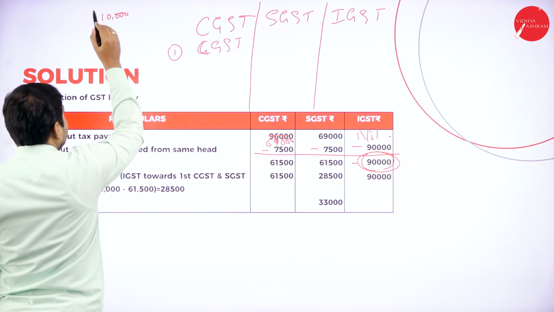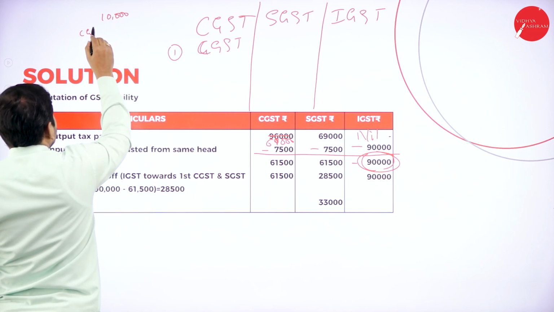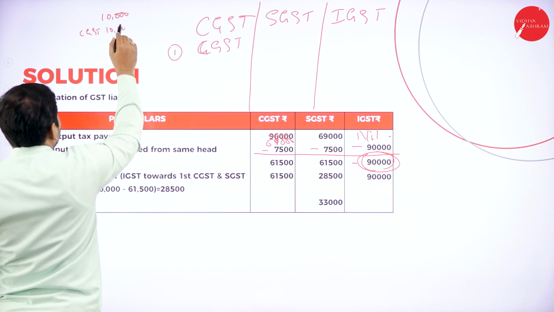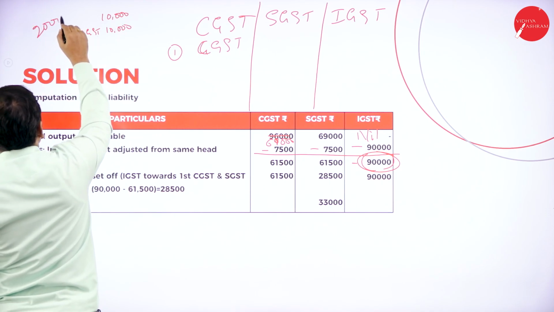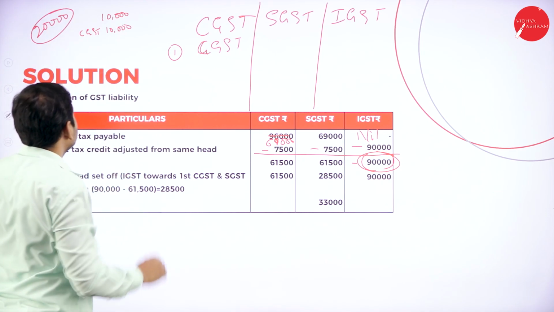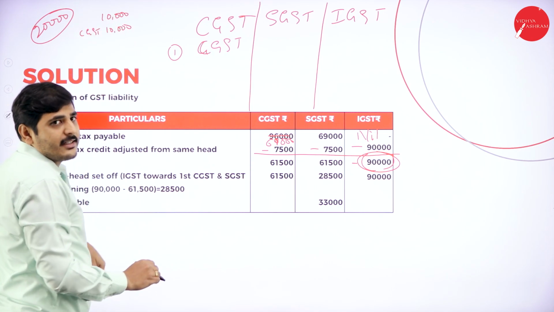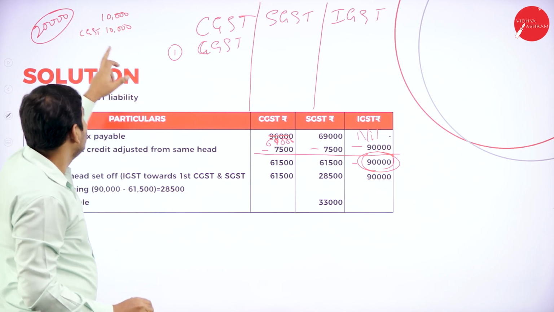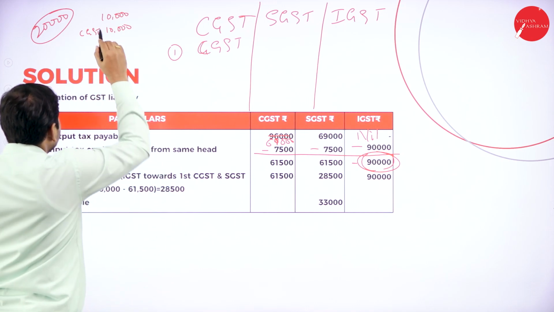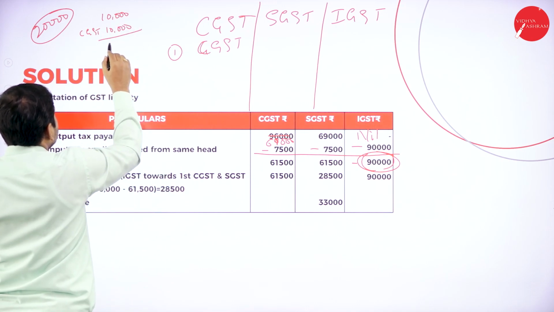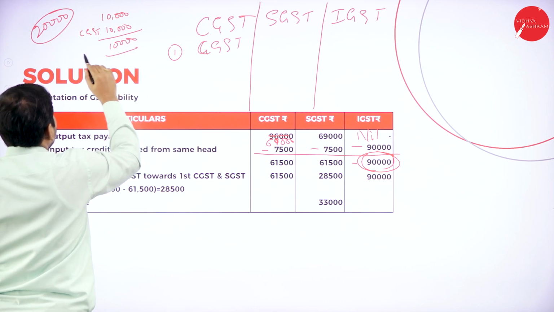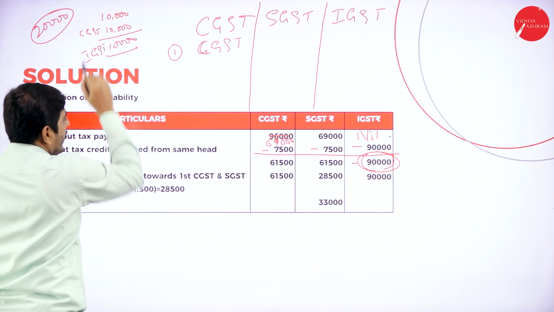First utilize this 20,000 for deducting this 10,000. If you have any excess amount, how much excess amount do we still have? 10,000 rupees. That amount can be utilized for the IGST. Remaining 10,000 rupees we can go for IGST.